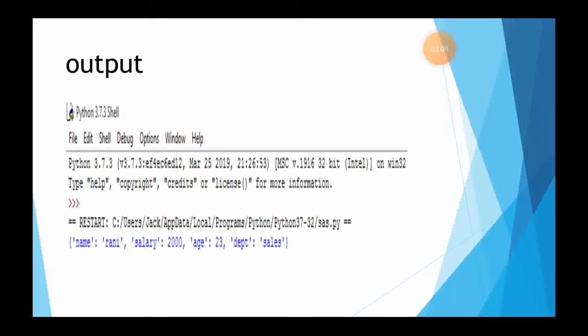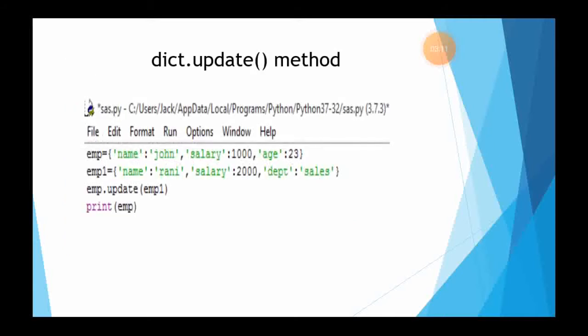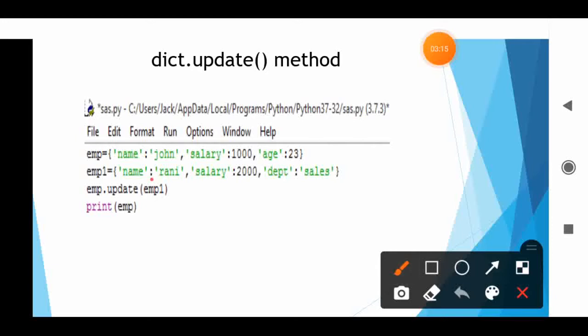Now you check it: name Rani, salary 2000 from the second dictionary, age 23, department sales. Can you see that? Yes, so the emp1 dictionary has updated the emp dictionary. This is the way you have to use the update method.